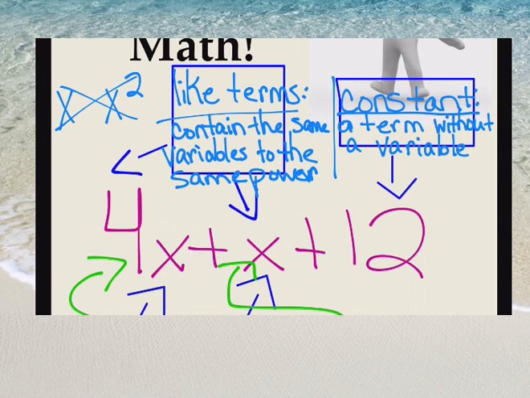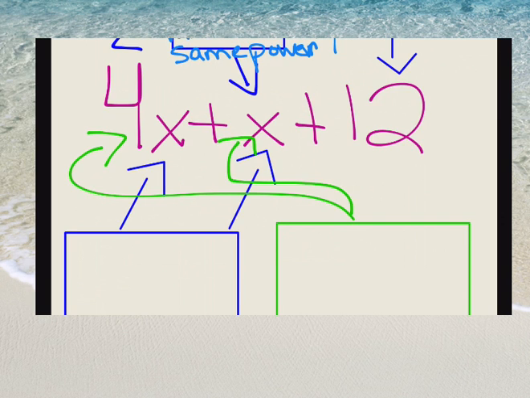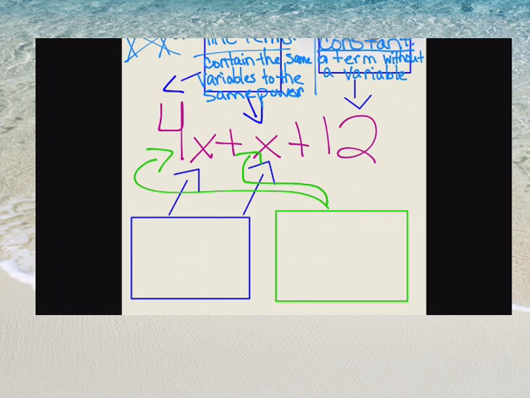The next thing that we're going to talk about is how many terms there are in this expression. Terms are any part of the algebraic expression. And you can see here that we've got 4x, x, and 12.